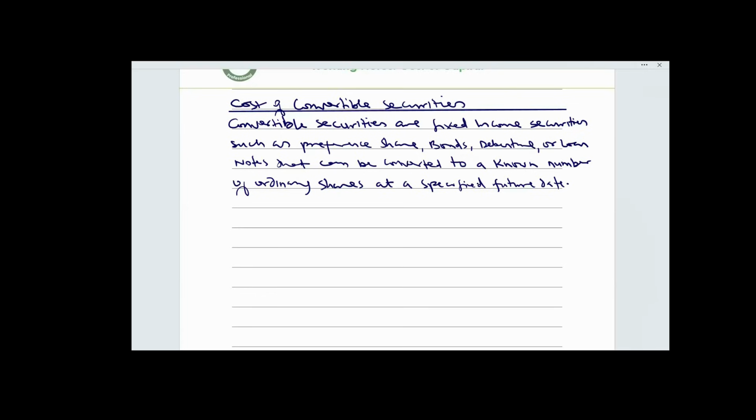So this is what is called convertible security. You want to convert your debt to a number of shares so that you become part owner of the business. You become a shareholder instead of a debt holder, or an ordinary shareholder instead of a preference shareholder. So this is what is known as convertible security.